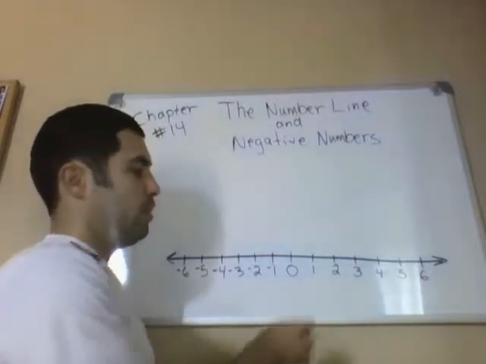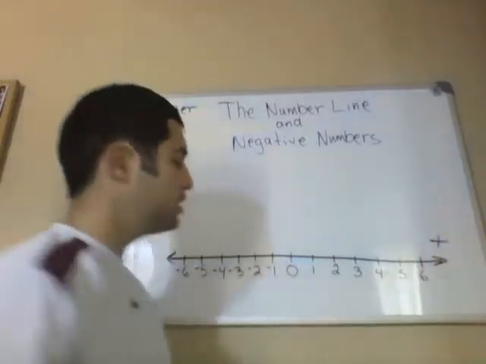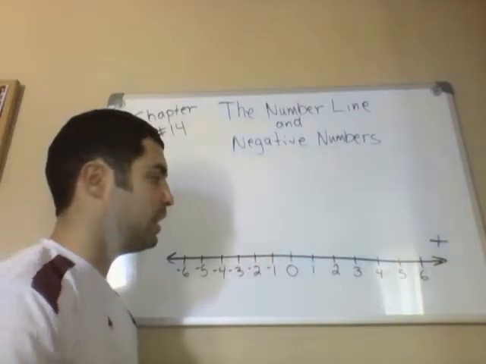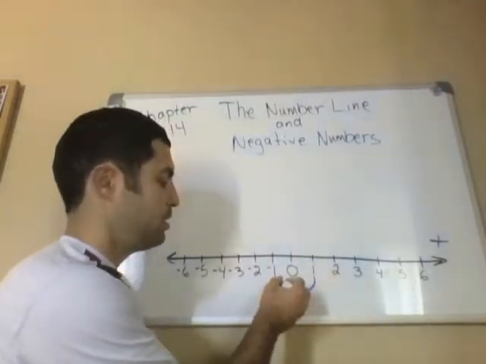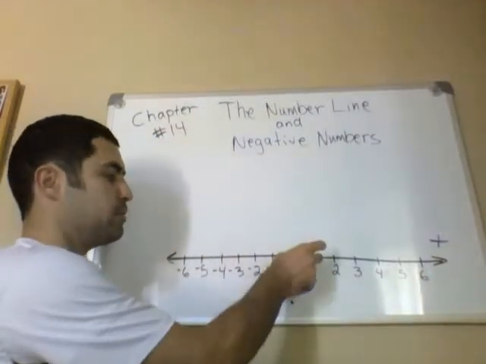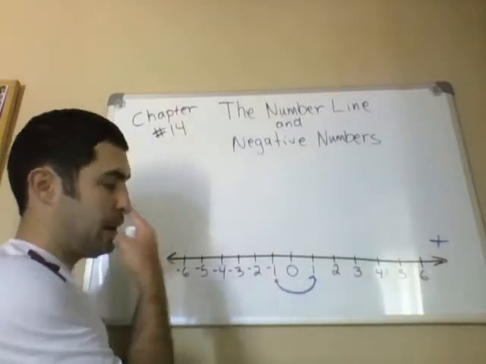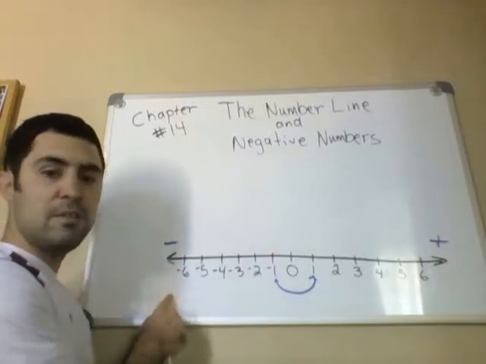So, on the right side of the line we have positive numbers. So if you come across a question that says, what's the opposite of positive 1? The opposite of positive 1 would be negative 1. Okay? Same distance from 0. 0 is neither positive nor negative. So we come over here and we realize that on the left side is negative.